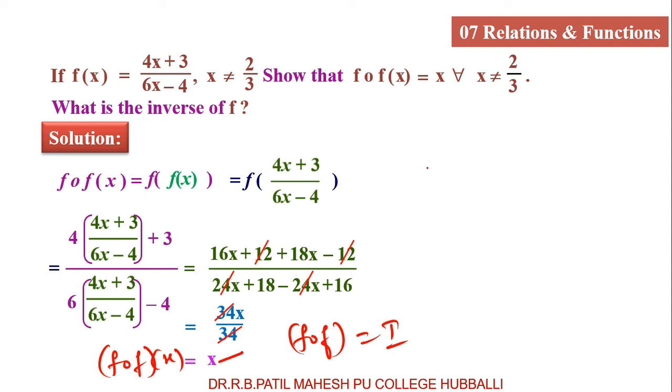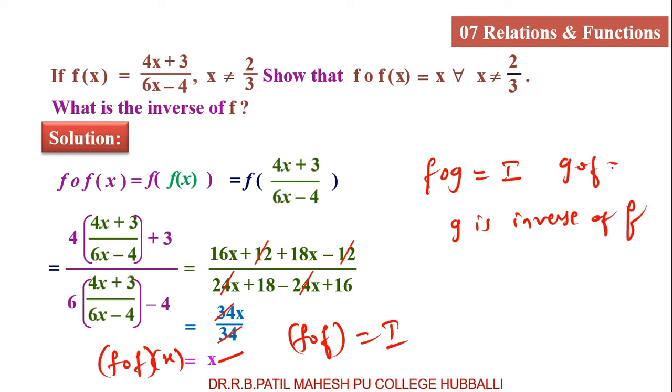So here, dear students, f composition g is equal to identity function, so g is the inverse of f. Hope you know this. Even g composition f is equal to identity function, again g is the inverse of f.